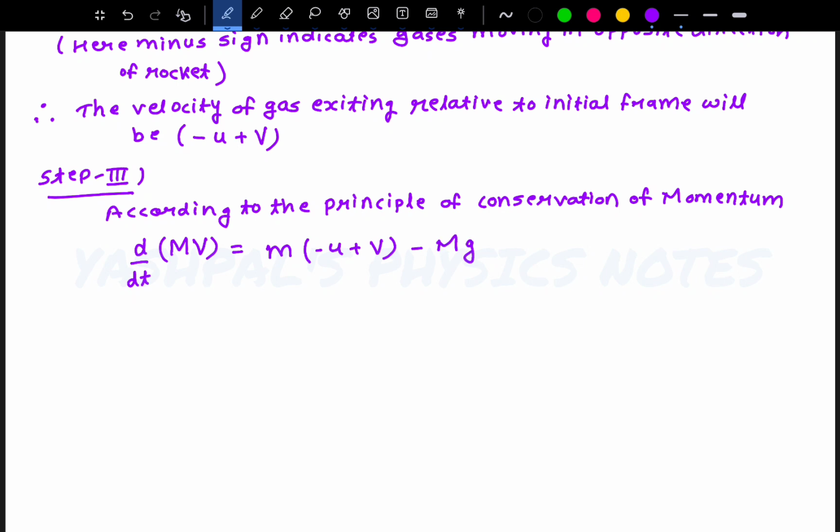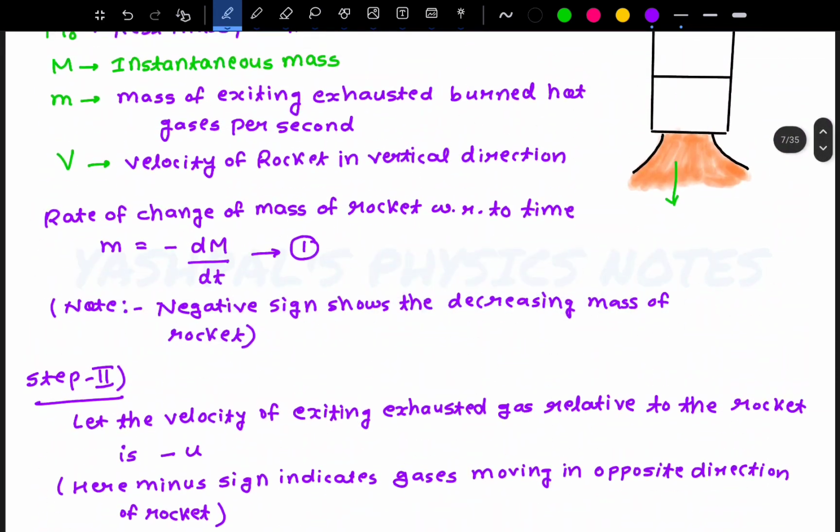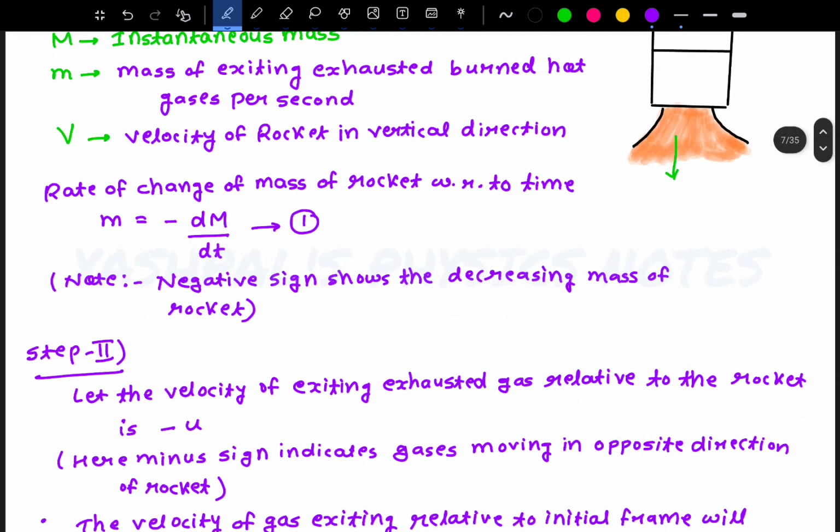Capital M and here g. We can show that there is downward pull due to gravity. Here I can write capital Mg for representation.